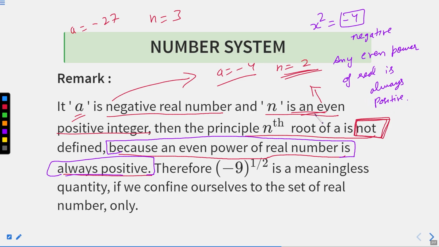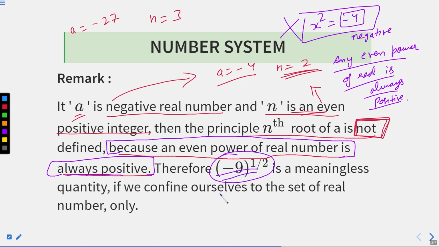I hope it is clear that any even power of a real number is always positive, so it won't be true in general. Therefore, (-9)^(1/2) is a meaningless quantity, because we don't have any x such that x squared is -9.